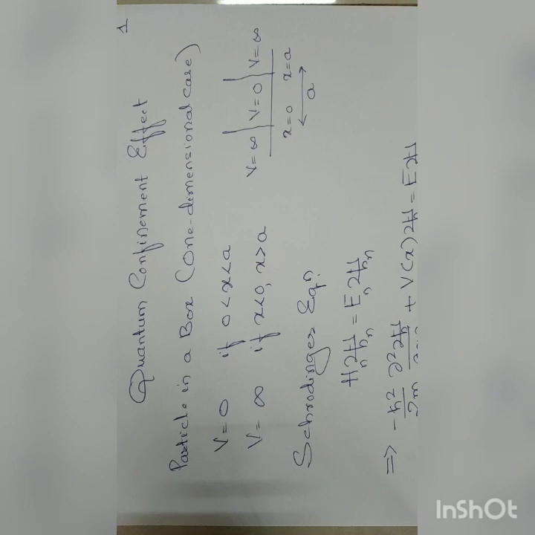Similarly, electron in an atom is nothing but electron is a particle and atom is a box. But you see a huge difference between these two problems, like electron in an atom and electron in a piece of metal.